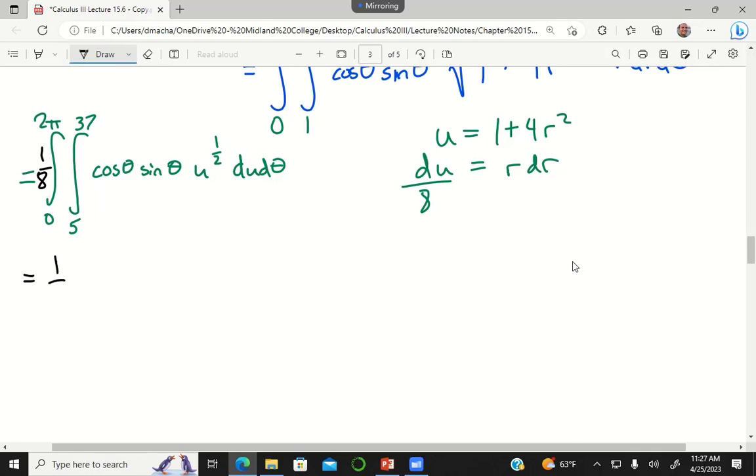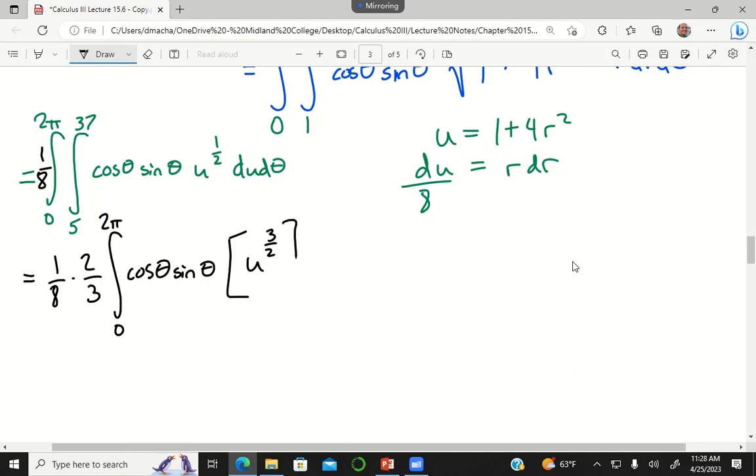So then I've got 1/8 times integral 0 to 2 pi cosine theta sine theta. And then this is u to the 3/2, which means I pick up a little 2/3 out here. And then I have to plug in 5 and 37. And then that's going to be d theta.